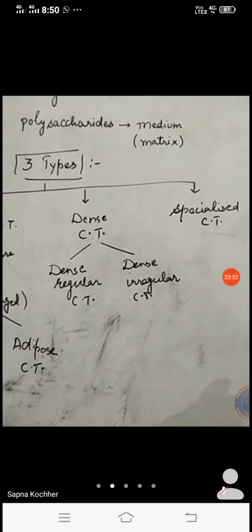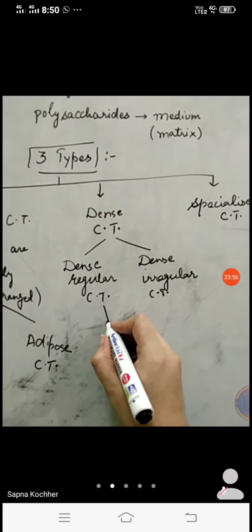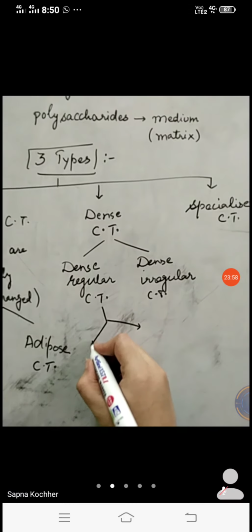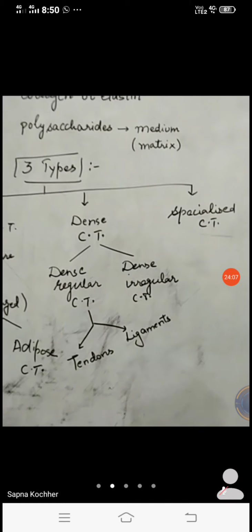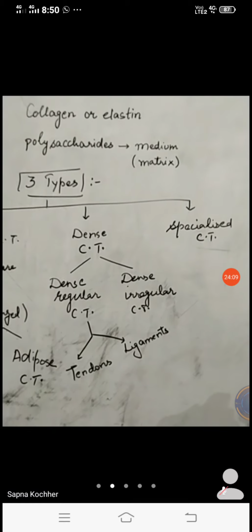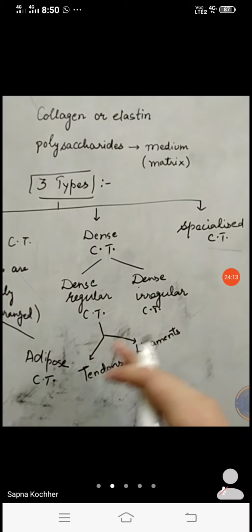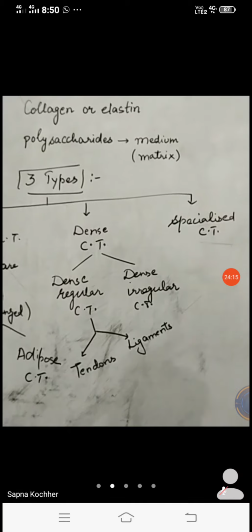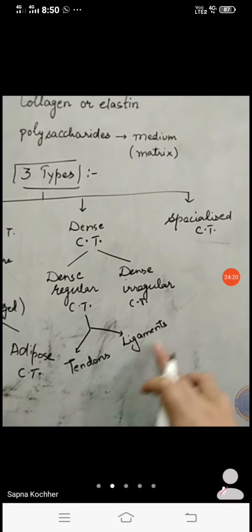The dense regular connective tissue further comprises two types of tissues, that are tendons and ligaments. In these, the fibers show a proper regular, parallel arrangement, which is also compact. So they are of two categories, the tendons and the ligaments.